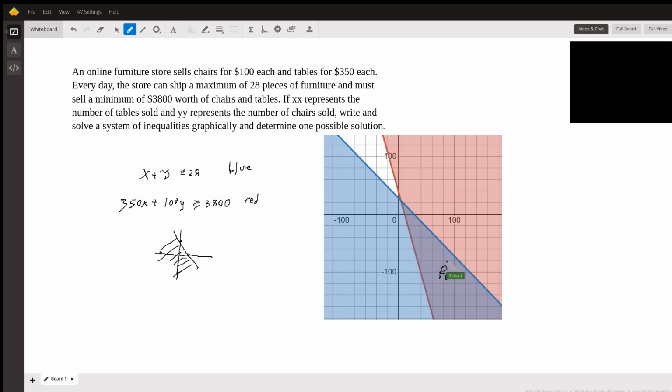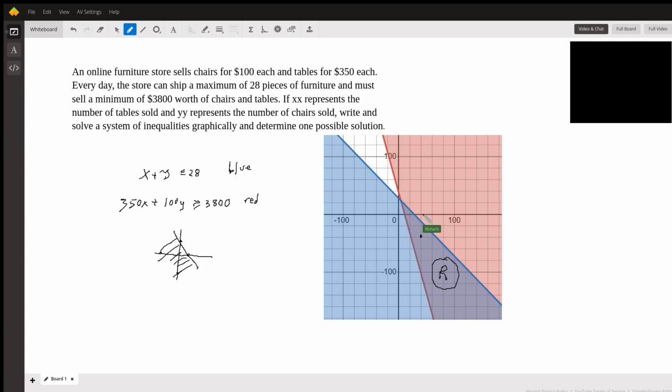Now, I always like to indicate the solution region with an R with a circle around it. There are an infinite number of possible solutions, because any point that lies within the solution region is a possible solution. Let's pick one that's convenient. We'll pick this point.